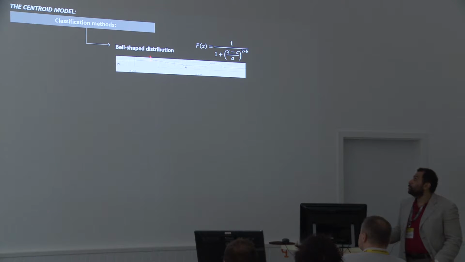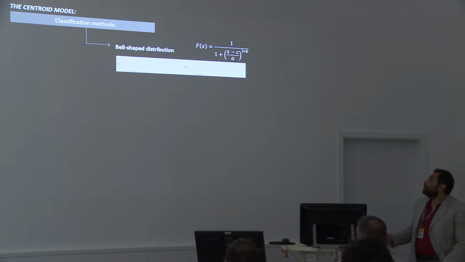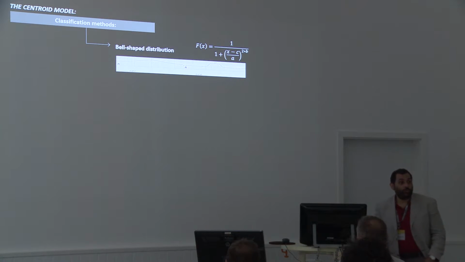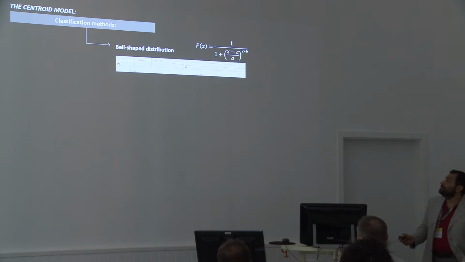The maximum value is always 1, and it will always extend to infinity because of this 2. It will always be on the positive side. The parameters of the bell-shaped function are A, B, and C. The Galapagos optimizer examines the various combinations of these variables.